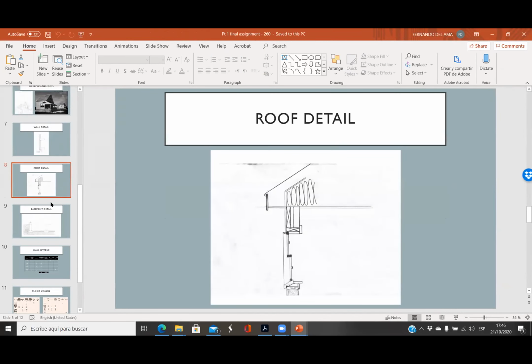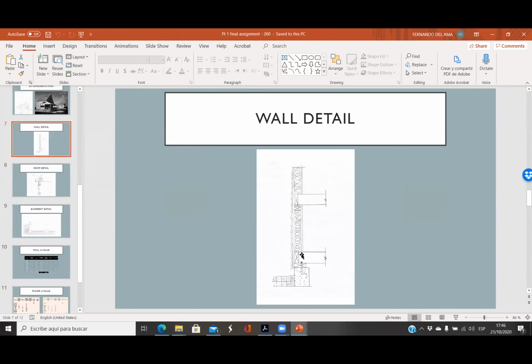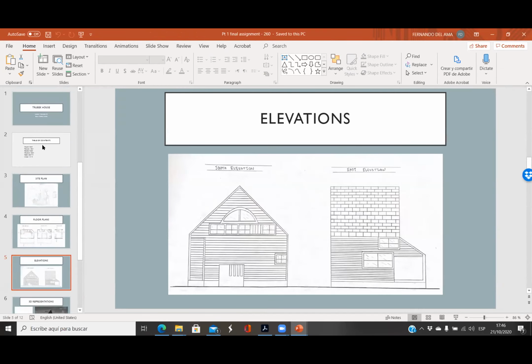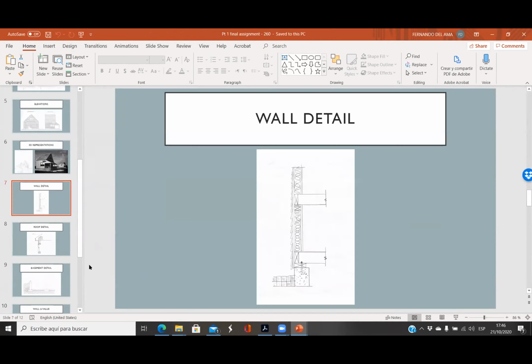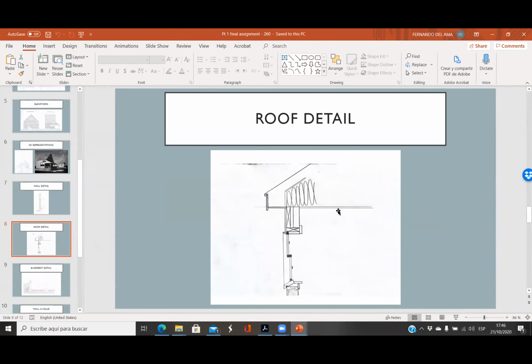Trubeck. Okay, I see that you are copying those details. That's good. Well, we have to talk about this. I can help you with this because it seems that you don't understand what this is, and it's understandable.